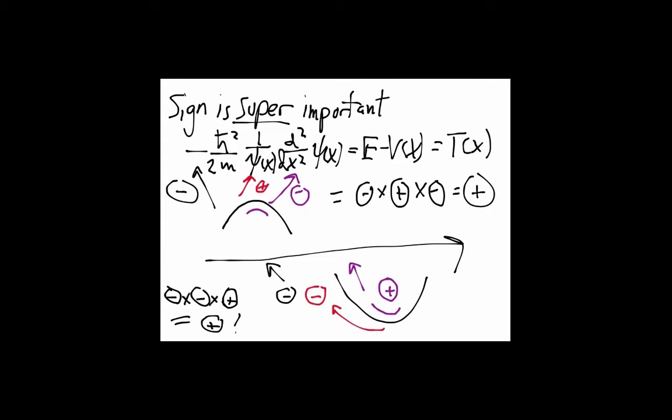So in each case, with the wave function above 0 and the wave function below 0, the second derivative cancels out the sign appropriately, and we wind up with an overall term from the operators that is greater than 0.